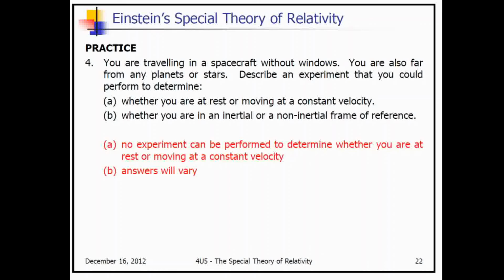If you're in a spacecraft and it is moving at a constant velocity, and you try that coin flip idea, the coin will go up and down at the same spot in which you initially flipped it. So there's no experiment you can perform without being able to observe anything moving around you outside of the space station or spacecraft. You wouldn't be able to determine that.